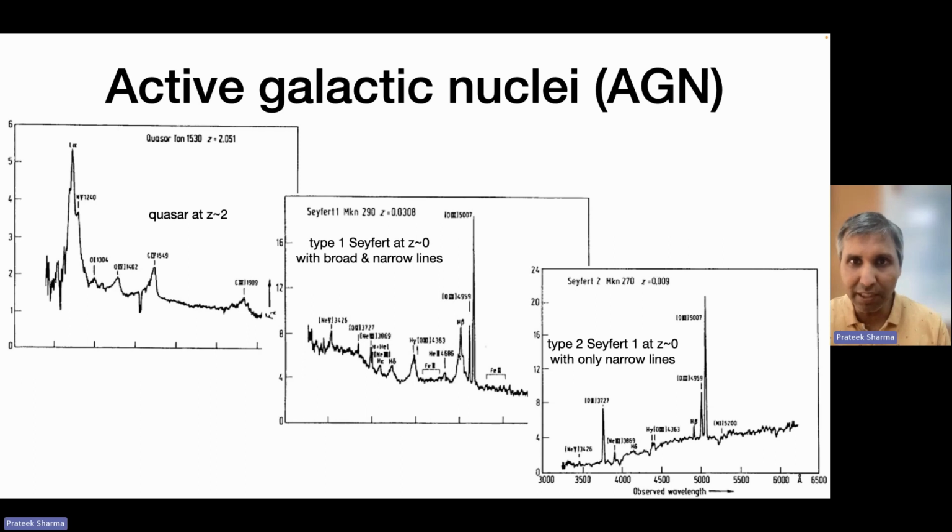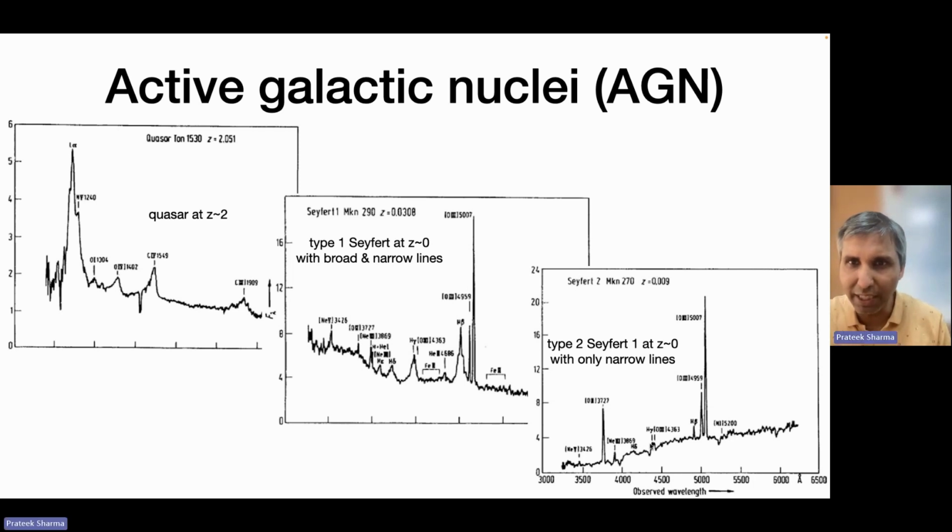These are broad lines. You can see that the velocity spread is broader in this Seyfert compared to this one, right? They are narrow lines, like H beta here is a narrow line compared to here. Similarly, this H gamma, right? H alpha, beta, gamma, n equal to 3 to 2 is H alpha. H alpha is outside this. H alpha should also be bright, so it's at 6,600 something.